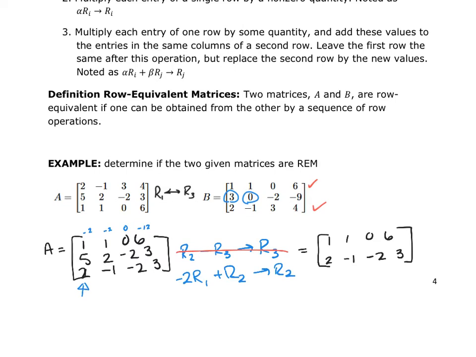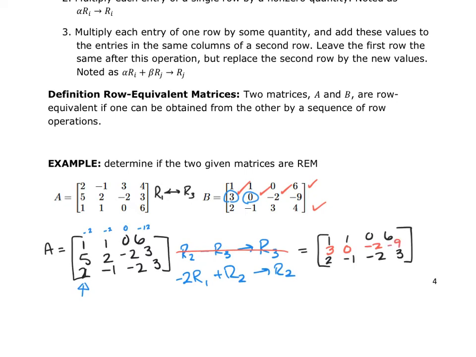I notice it is the -2 plus 5. That gives me the 3. That checks off. Then I do the -2 plus 2, which is 0. That one checks off. So this is looking good. And then I do 0 minus 2. That gives me -2. That one checks off. And then I have -12 minus 3, which is -9.